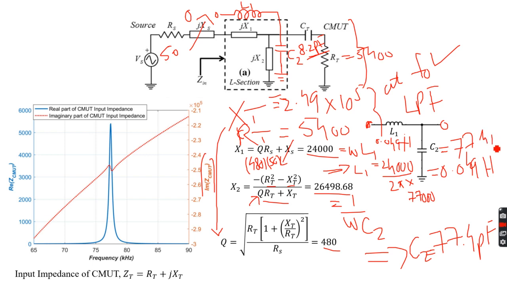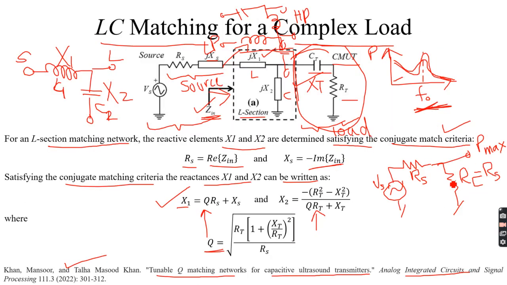Now, how do I verify that I've done the job correctly? So if you recall, what I've said before was that if I have done the matching, the complex load has been perfectly matched to the source load. So the maximum power transfer conditions are required now, and under those conditions, your source impedance should match with the load impedance.